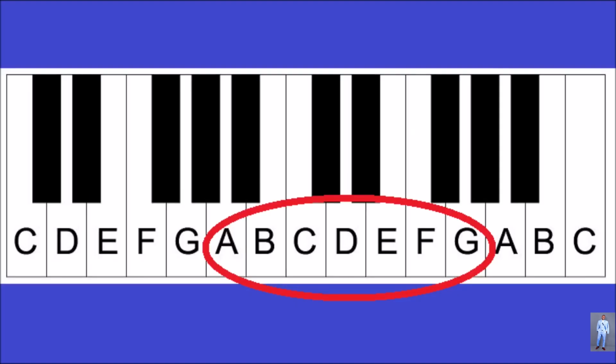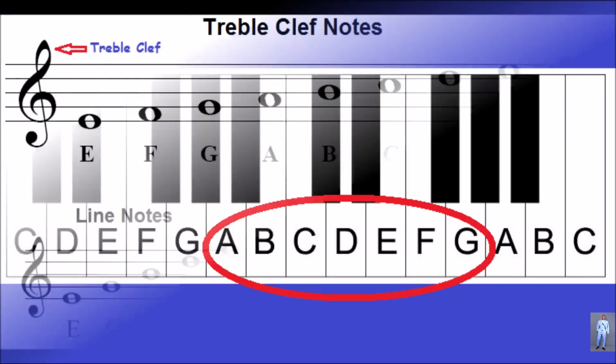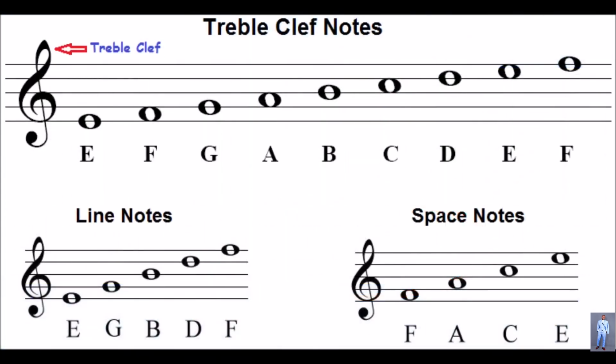Have a good look at this. When we take all the notes on the lines and in the spaces for the treble clef, you will notice that the notes move in alphabetical order.